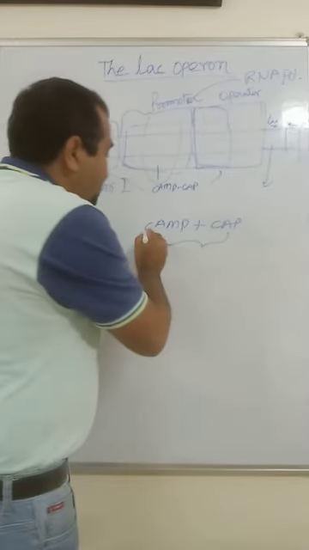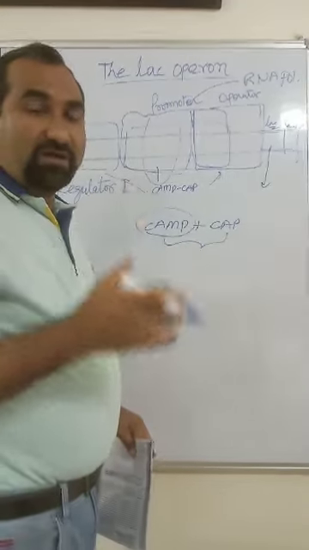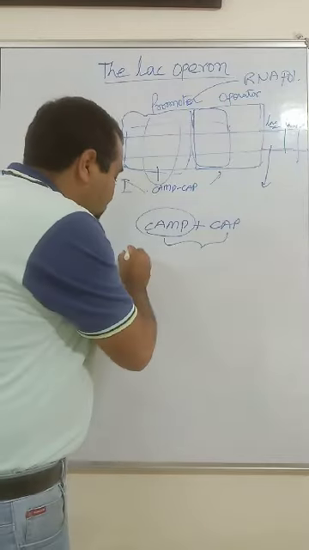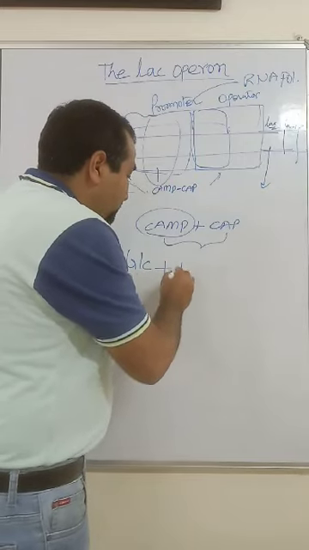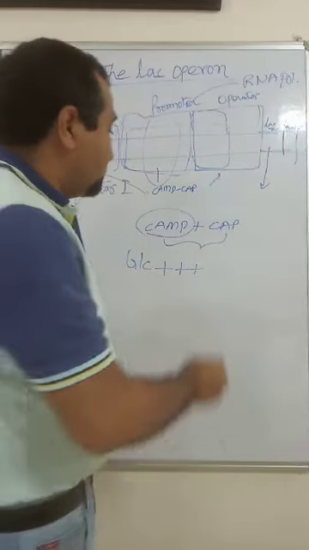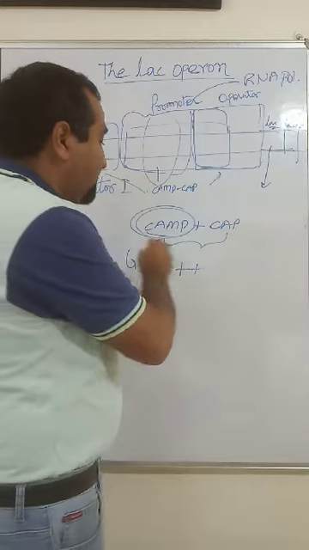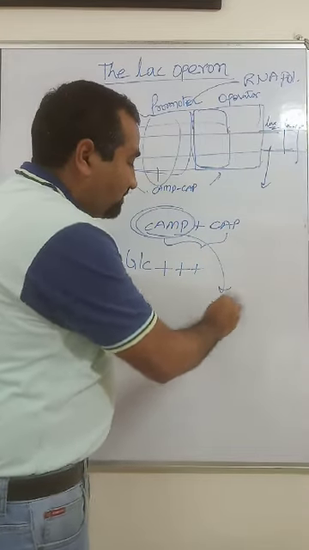The concentration of cyclic AMP depends on the concentration of glucose. When glucose is present in sufficient quantity, the cellular concentration of cyclic AMP goes down.